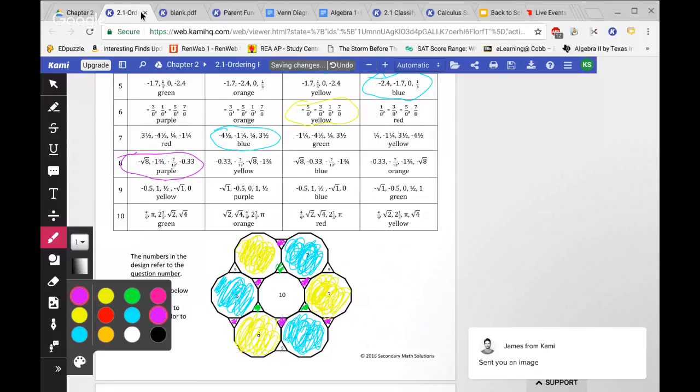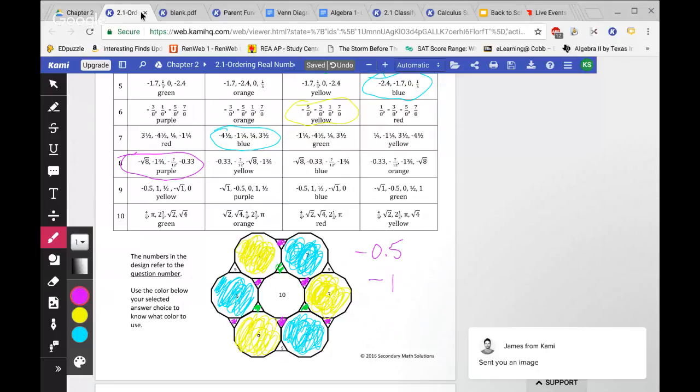All right, so number 9. There's 2 negative numbers, and one is negative 0.5, and the other is the negative square root of 1. And the square root of 1 is 1, and the opposite of that is negative 1.